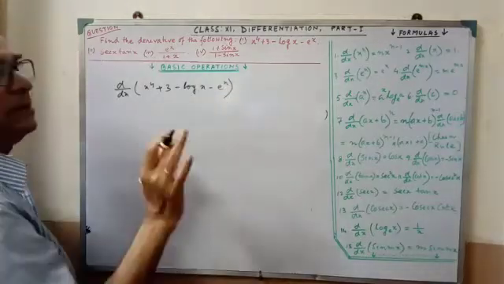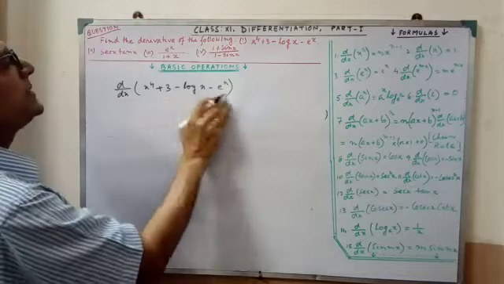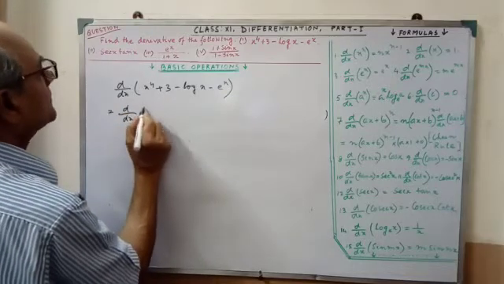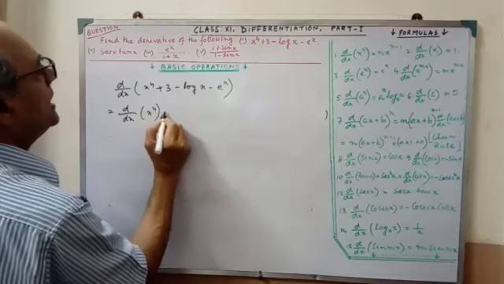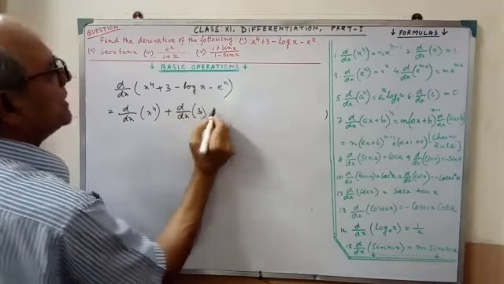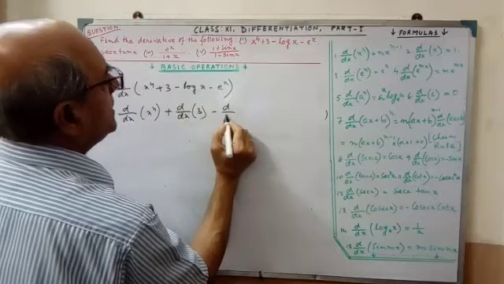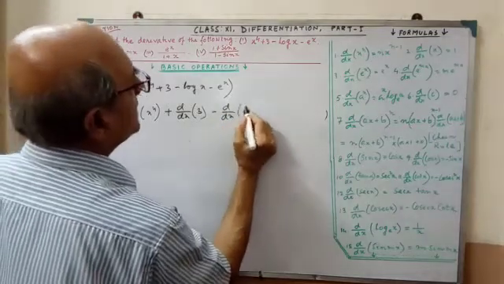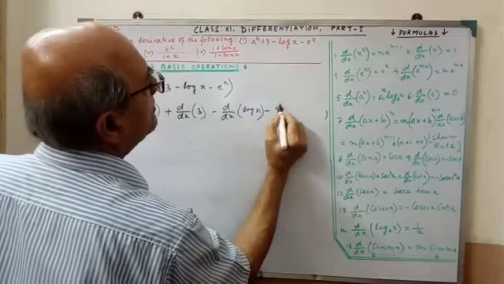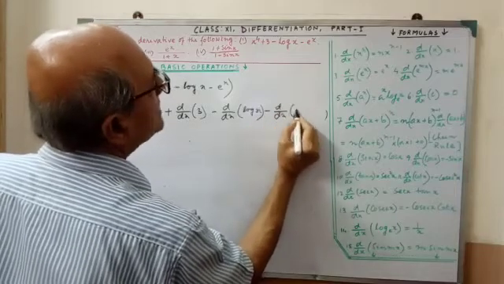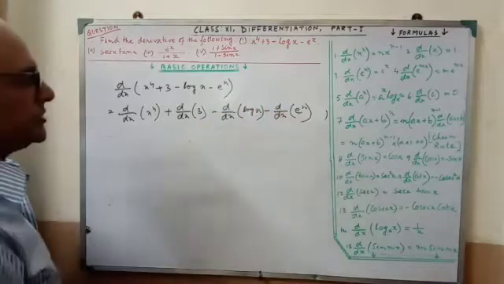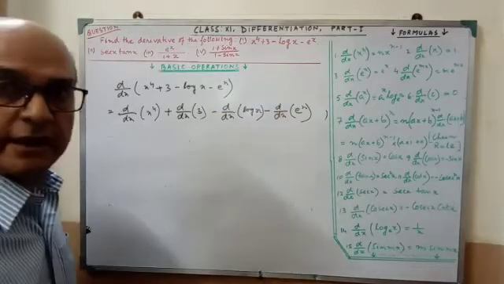From the first basic operation, we may write this separately: d by dx of x to the power 4, plus d by dx of 3, minus d by dx of log x, and minus d by dx of e to the power x. This is the basic operation. I think it is clear.